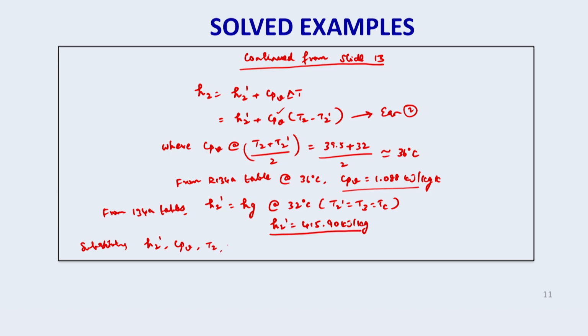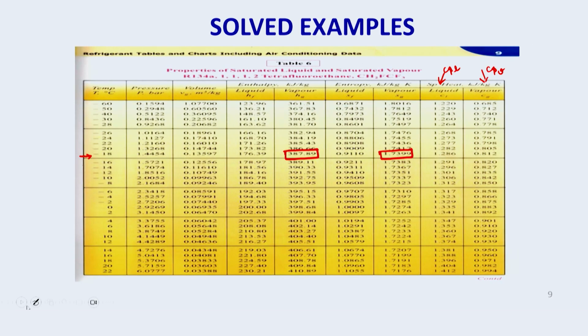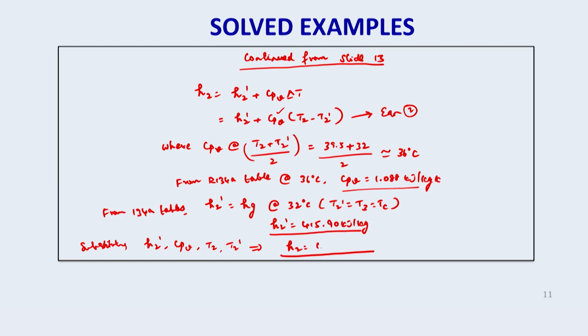So we will get H2, the enthalpy at state point 2, as 424.06 kilojoule per kg. I will be continuing this problem in the next lecture. Thank you.